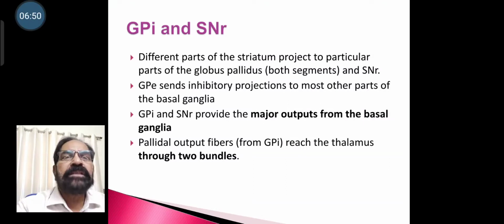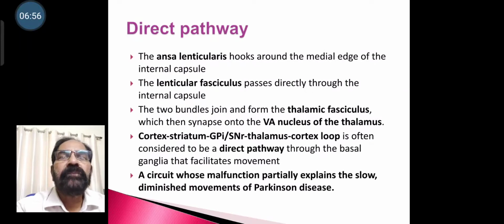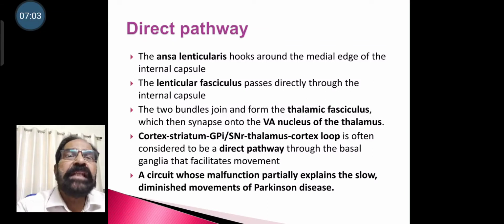Pallidal output fibers, that is from GPI internal, reach the thalamus through two bundles. One is the ansa reticularis, which hooks around the medial edge of the internal capsule, and the other is the lenticular fasciculus, which passes directly through the internal capsule.